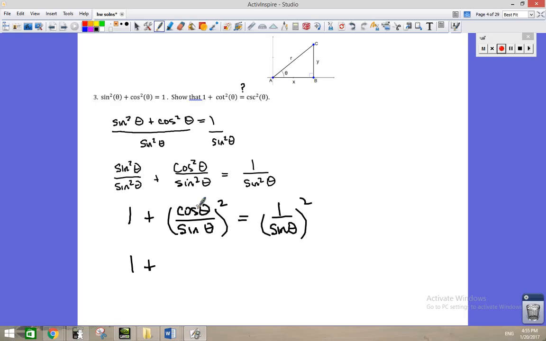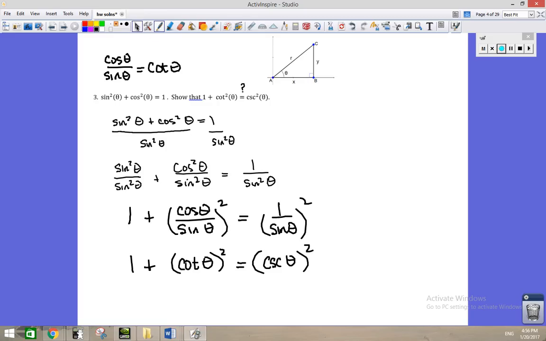Now, when I look at my definitions, let's use not only the Pythagorean identity, but one of the quotient identities, that the cosine of theta divided by the sine of theta is equal to the cotangent of theta. So I know that this is the cotangent of theta. 1 over sine of theta, by definition, is the cosecant of theta, and that's being squared.